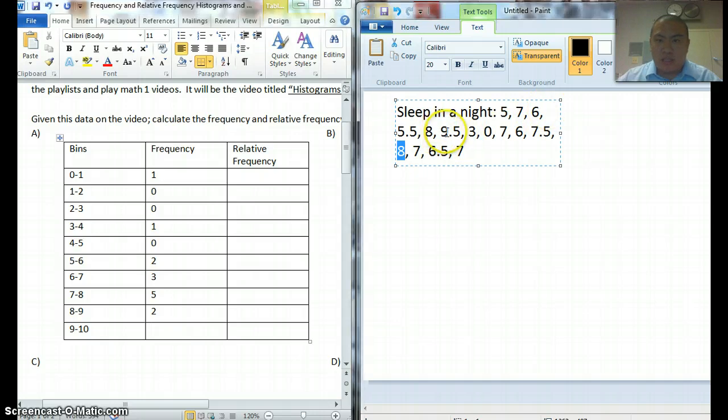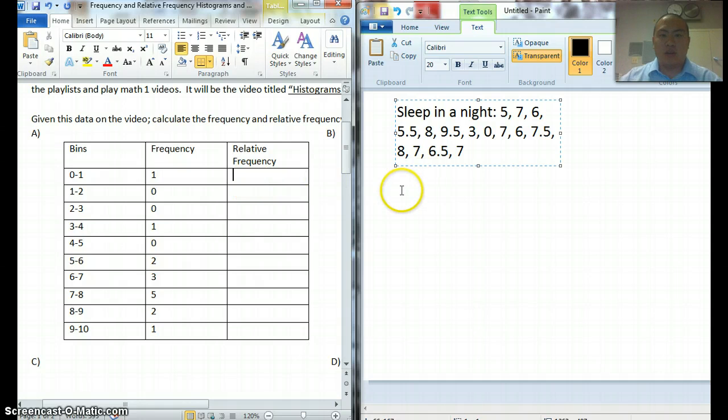From 9 to 10 I see 9.5. Do I see any 9s? No, just 1. Now I'm going to count out the frequency. I asked 15 people, so I should get 15 frequencies: 1, 2, 3, 4, 7, 12, 14, 15. Good. Everybody got placed somewhere.